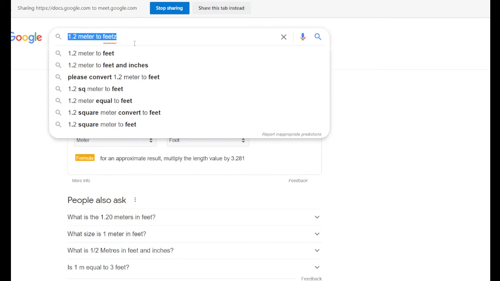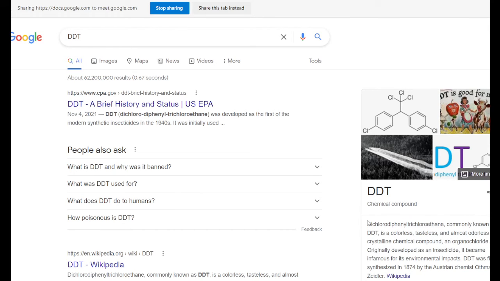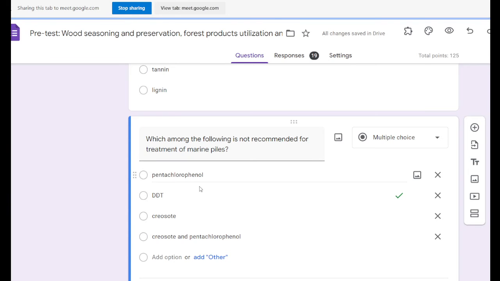The problem with DDT, dichloro diphenyl trichloroethane, is that it is soluble in water. So the problem is, if it is soluble in water and you treat marine piles with it, once submerged in water, your chemical, your preservative, will just dissolve. So it is not useful. Okay?